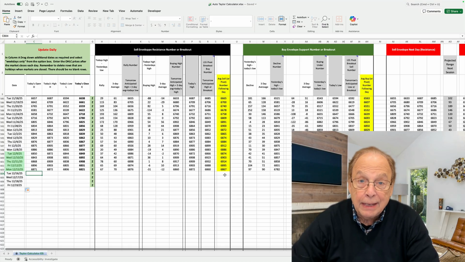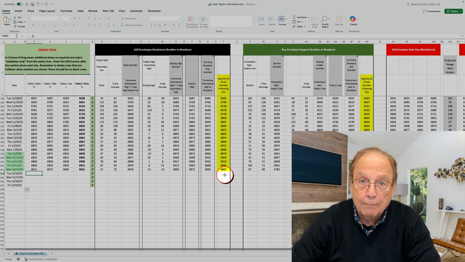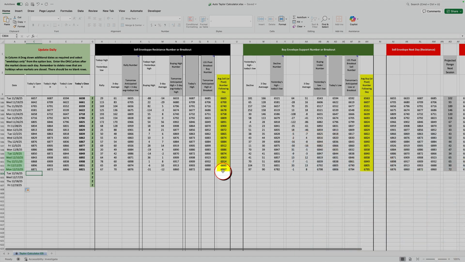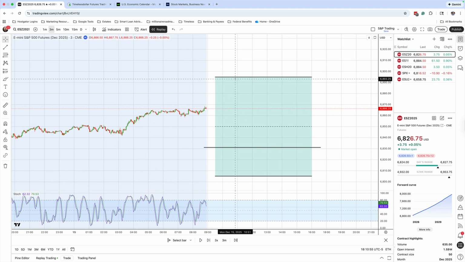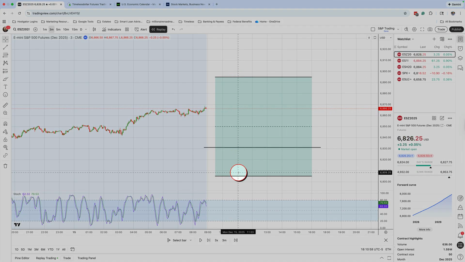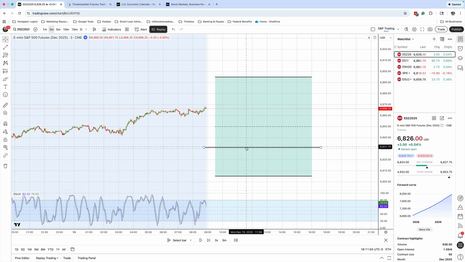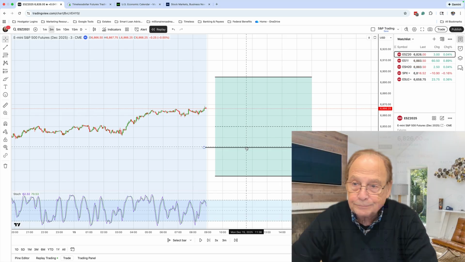My ESZ numbers for Monday, December 15th, were 68.95 resistance and 68.05 support. So I entered those numbers on my chart, 68.95 resistance, 68.05 support, and the previous close was at 68.32. This is how I set my chart up prior to the day even beginning.